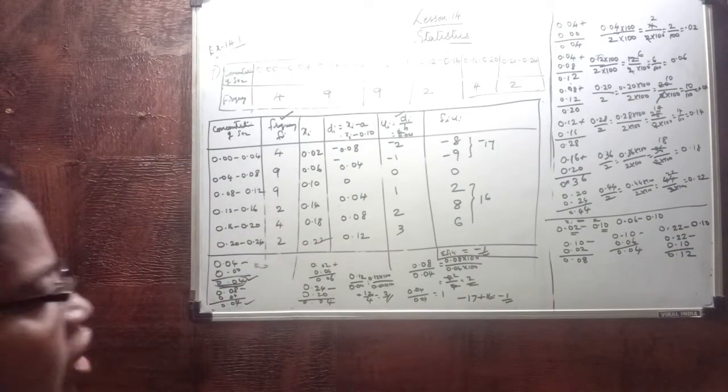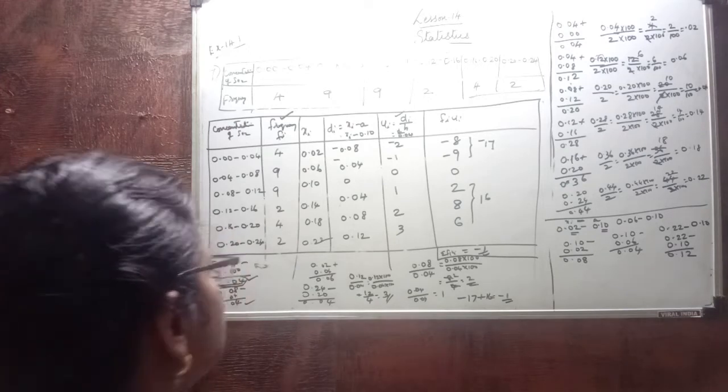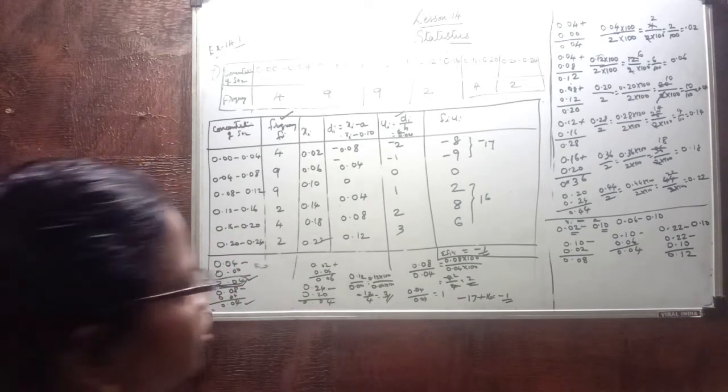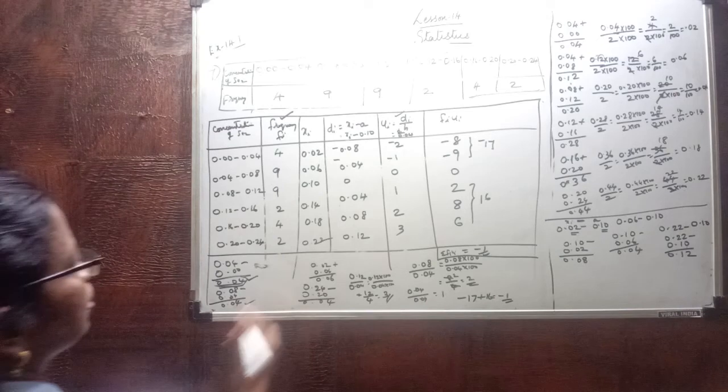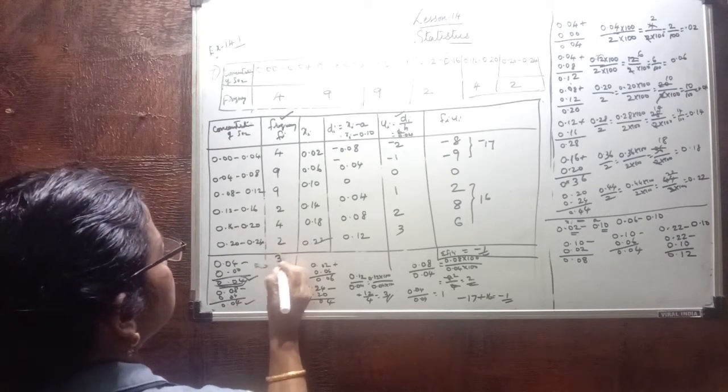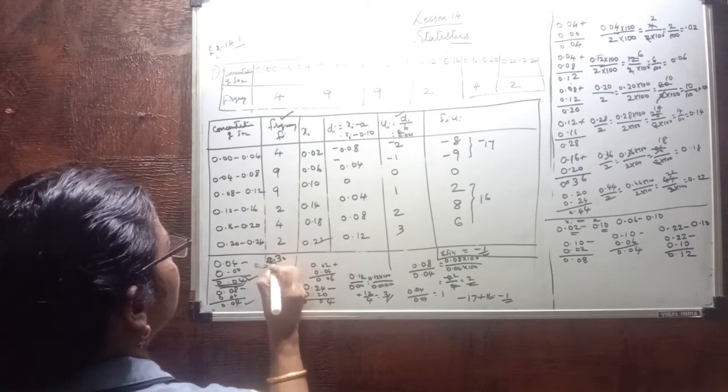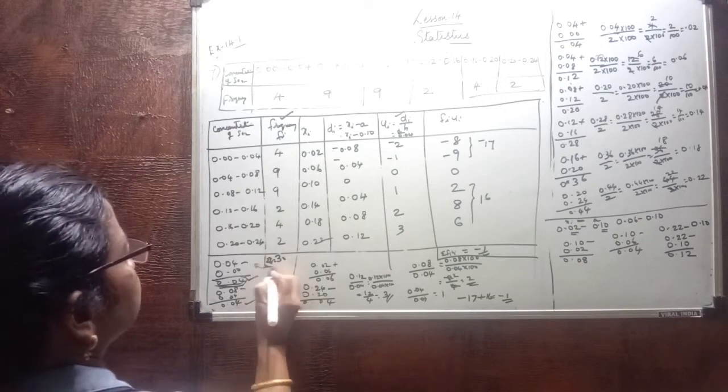So next thing is you want to find out the x bar. From here, it is 30 localities, which means sigma f i equals 30.